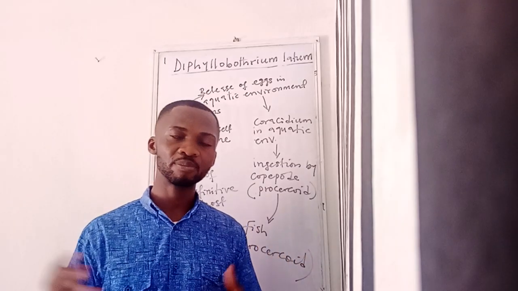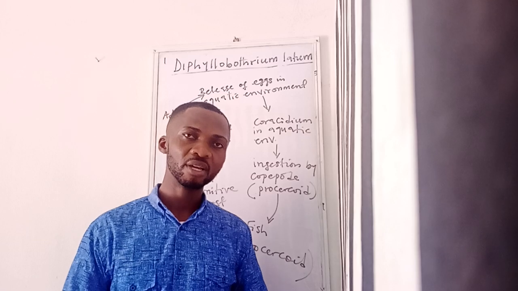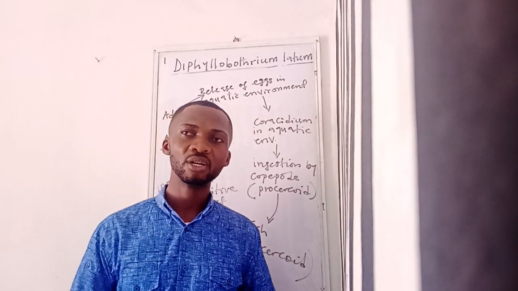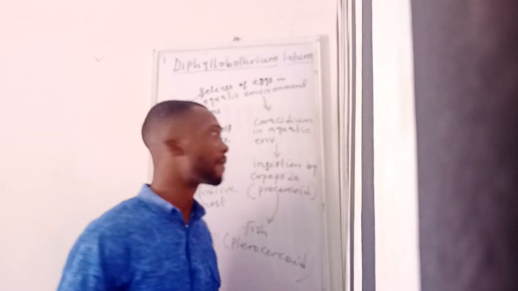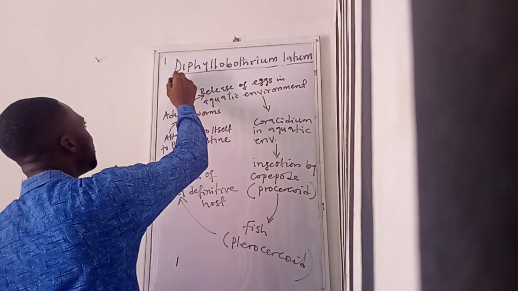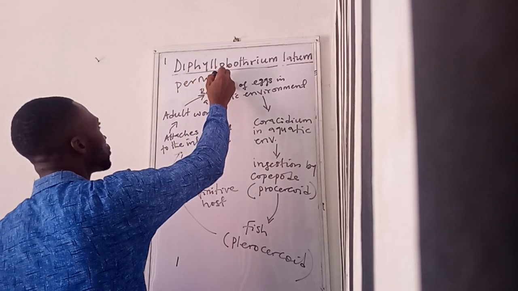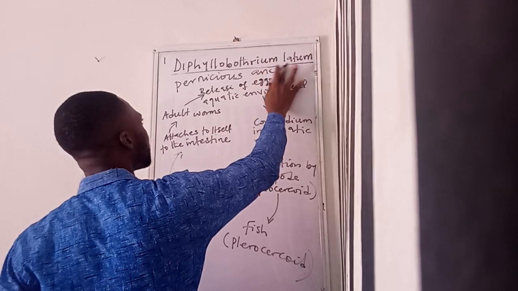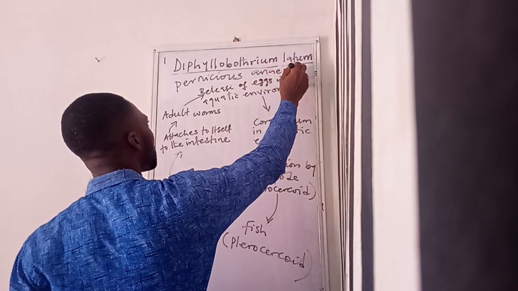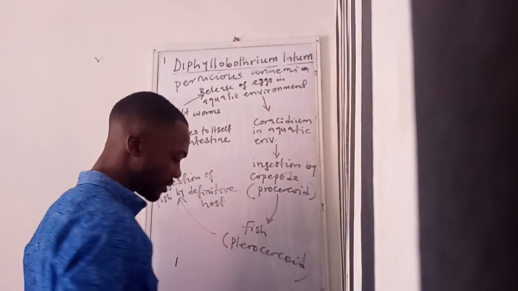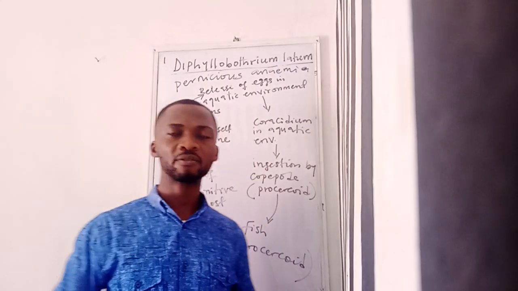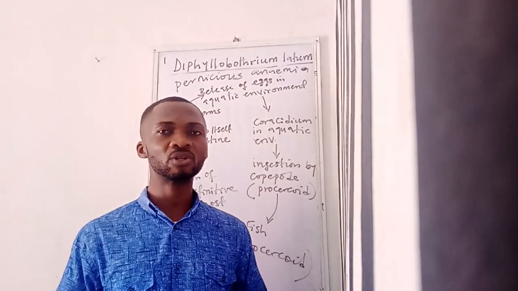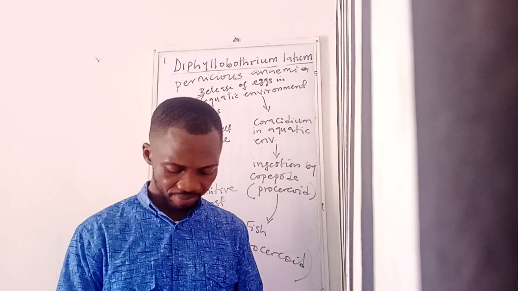As a result, the person may have a deficiency of vitamin B12, and the deficiency of vitamin B12 results in what we call pernicious anemia. So these are some of the effects, and of course they can also cause abdominal discomfort or abdominal pain. These are some of the pathological effects of diphyllobothriasis.